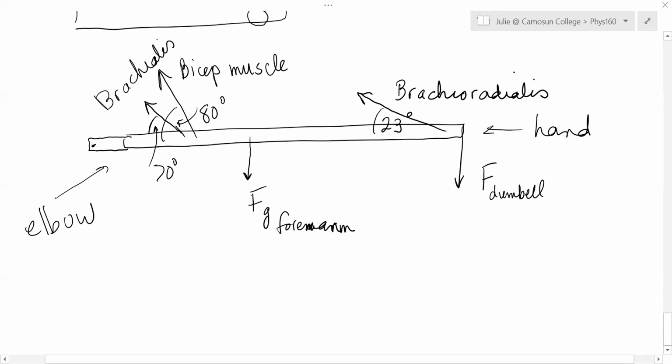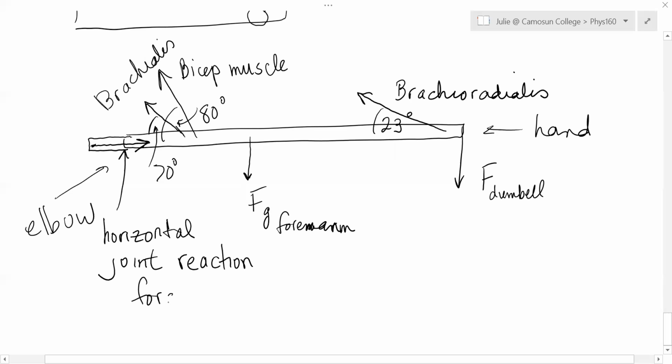There'll be a horizontal joint reaction force counteracting all those muscles trying to pull your forearm into your elbow. So this is called the horizontal joint reaction force. That will only be big enough to keep your forearm from cramming itself through your elbow joint, so this will adapt depending on what you're doing.